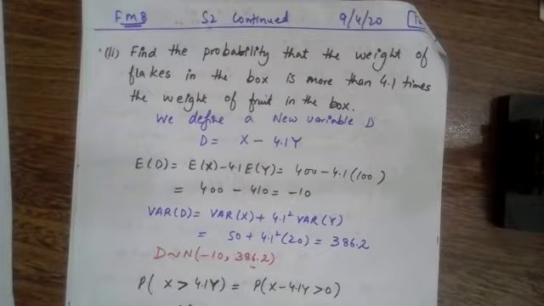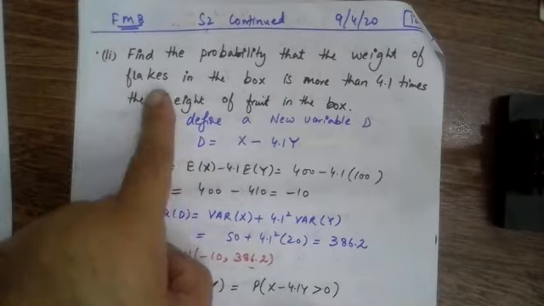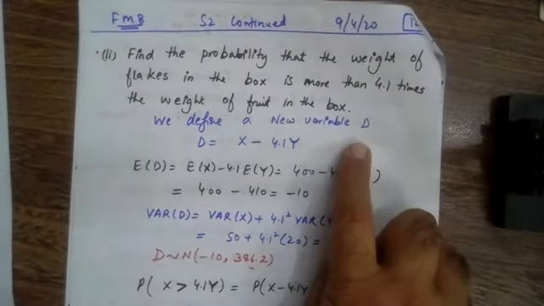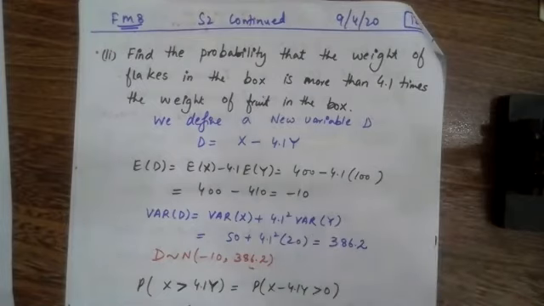Somebody is more of a lover of flakes than fruit, so he is interested in a box which contains much more flakes than the usual, extra flakes. So he is interested in that instead of flakes being 4 times the weight of fruit, they should be 4.1 times more, even more than that.